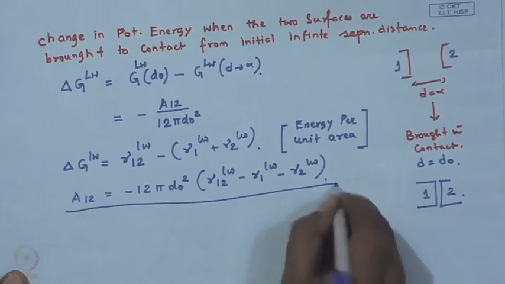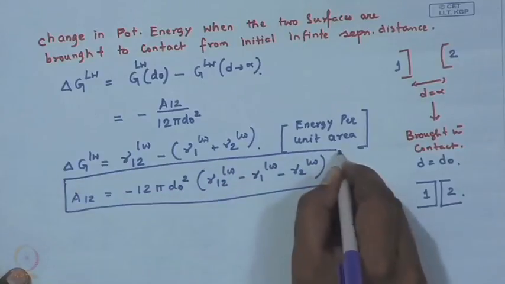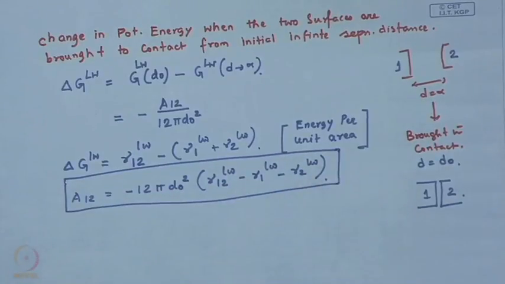In contrast, now you have an expression for A12 in terms of parameters which can be macroscopically measured, because we have talked, while discussing the different components of surface tension, that the individual components of surface tension or interfacial tension can be easily found out using contact angle goniometry with appropriate probing liquids.